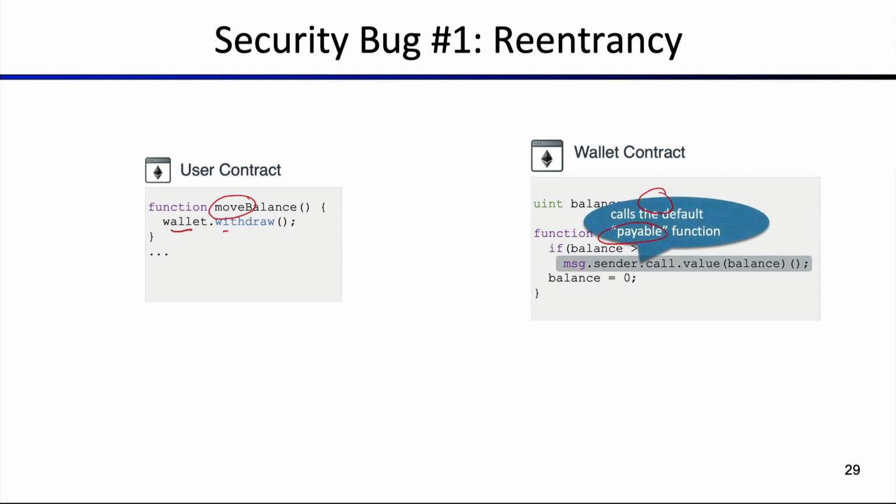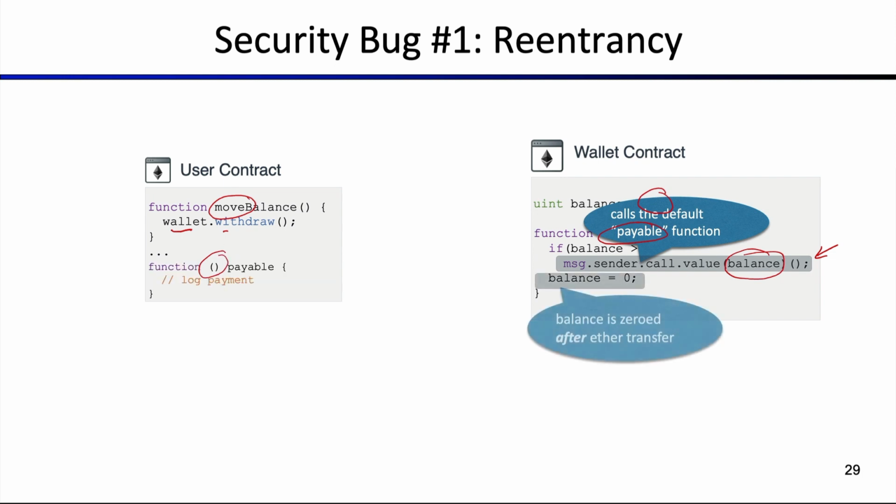Okay, so if you look at this very call function here, we have message.sender.call, which transmits the value that's specified in the balance state variable. This very function may implicitly call the so-called fallback function in the user contract. Here, this is the fallback function.